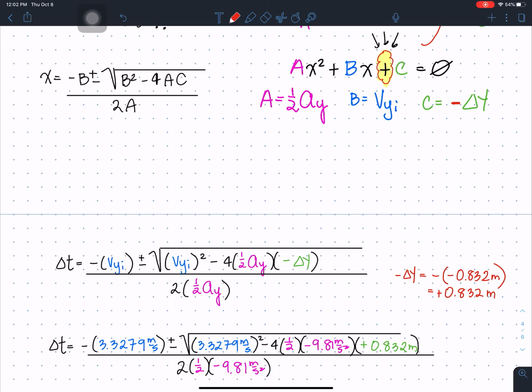We're plugging in a positive 0.832 meters as our quantity negative delta y. And if you have any questions of that, you can see that we've written that here in red. Because the delta y quantity was already negative, when we take the opposite of that, that's how we end up with a positive 0.832 meters.